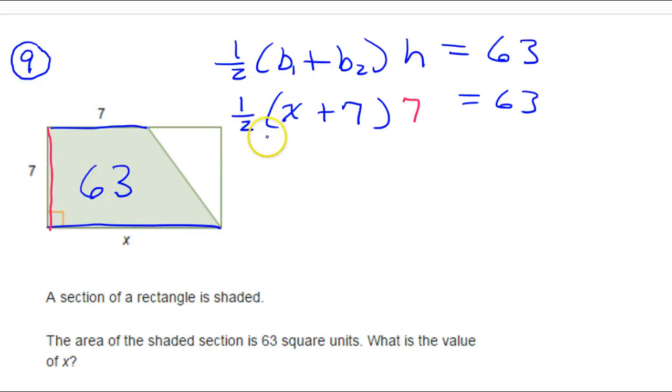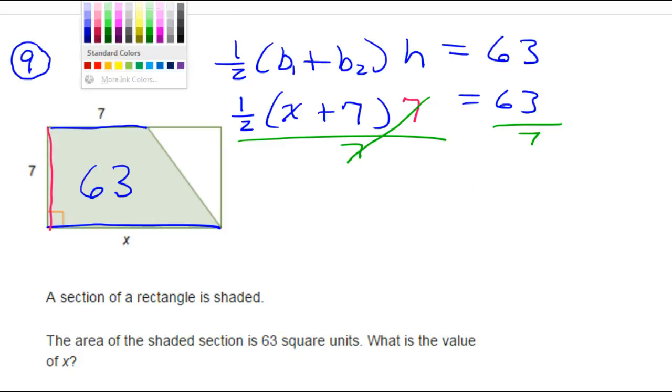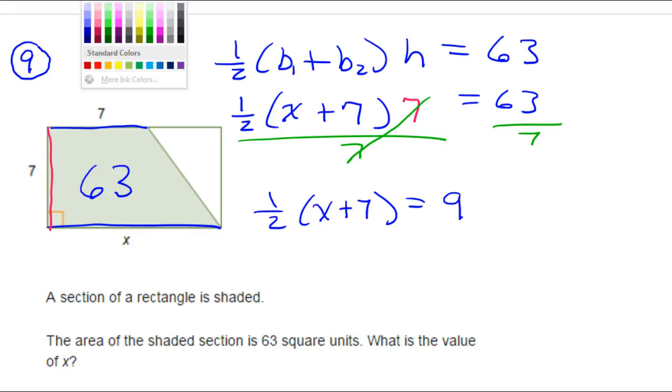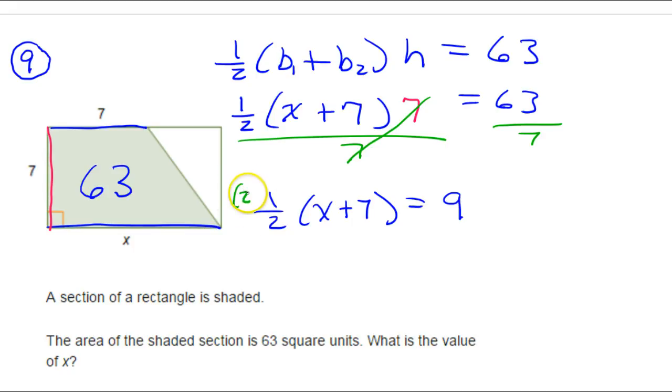Okay, I think I will divide both sides by 7 first to get rid of the pink 7 here. So if I divide both sides of this by 7, that will cancel those 7's out. So that's going to leave me with 1/2 times (x plus 7) is equal to 9. Now, to get rid of the 1/2, I would multiply both sides by 2.